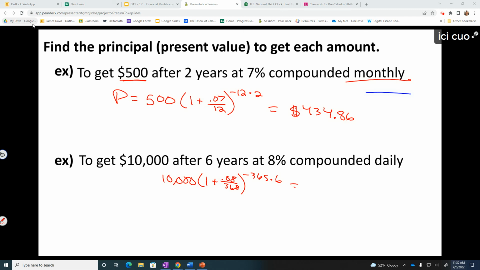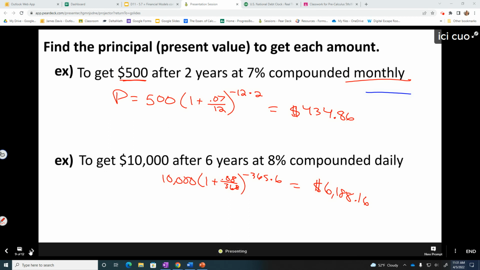I got 6,188. That seems reasonable, right? Put in 6,000 now, and then in 6 years you'll have 10,000. So that's pretty good. See, it definitely pays off to invest. Okay.